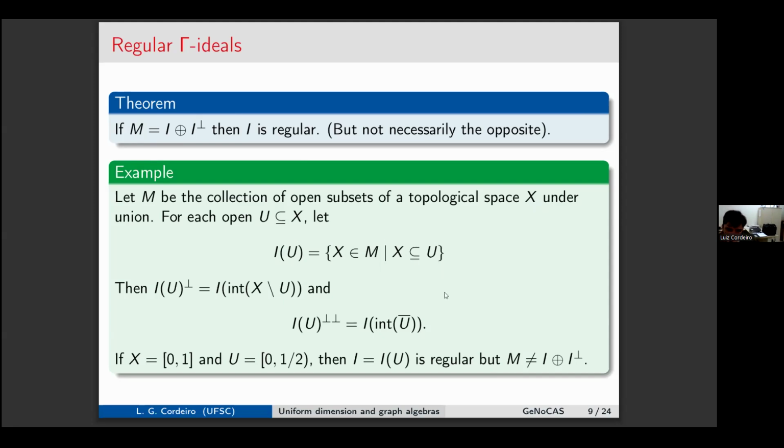However, what's the monoid operation in M? Union. Okay. No, actually, I'm wrong here. It should be intersection. Otherwise, I misspoke here. It should be the collection of open subsets of the topological space X under intersection. Otherwise, we do not necessarily have an ideal here. Okay. So I need to fix that.